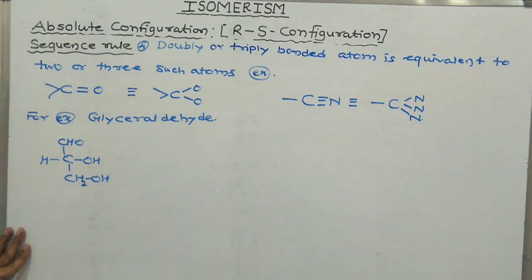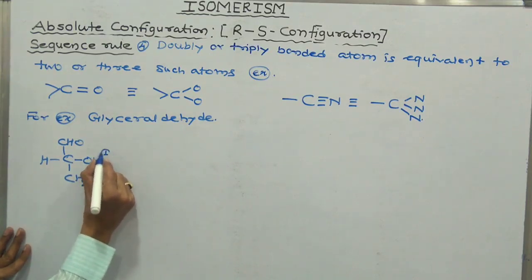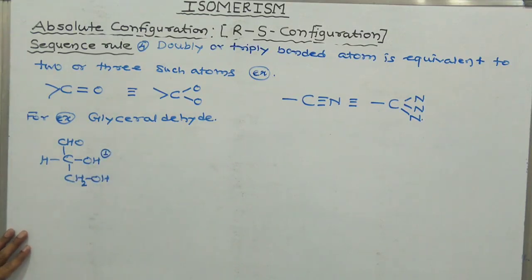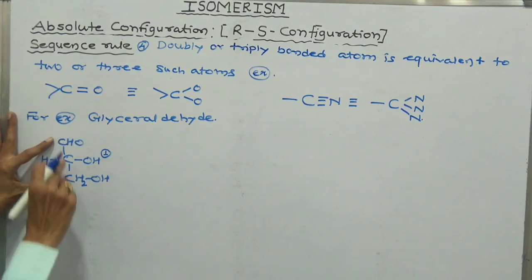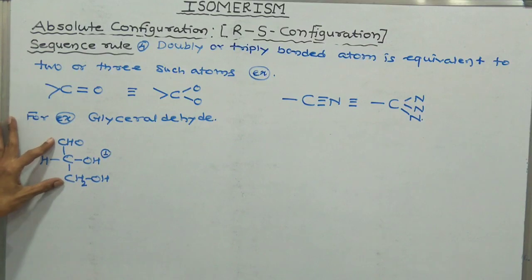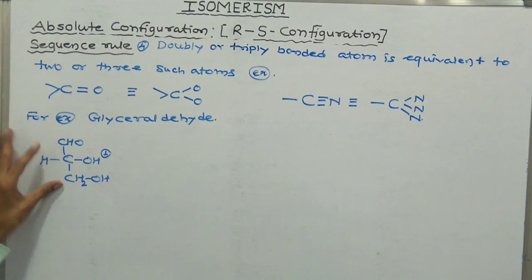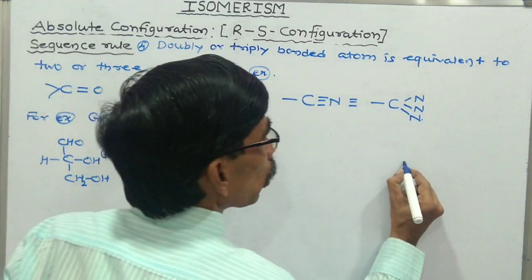Now, in this example, the OH has the first priority, and for the CHO and CH2OH, the first atom is carbon. Therefore, we cannot decide the priority on the first atom. Therefore, we decide the priority on the next atoms.